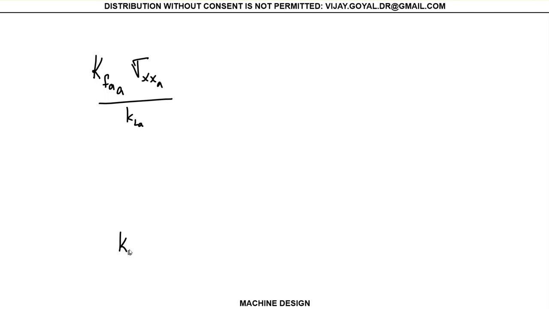The load factor for axial is always going to equal 0.85. Okay, so this will be your new sigma xxa that you will put in your computer code. Or your computer code actually asks for this value.